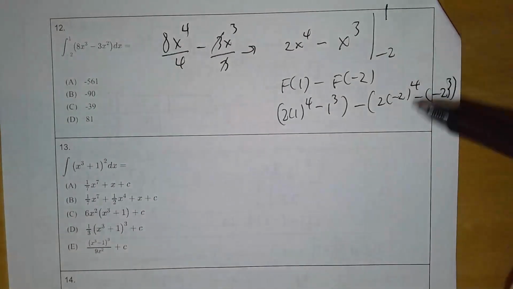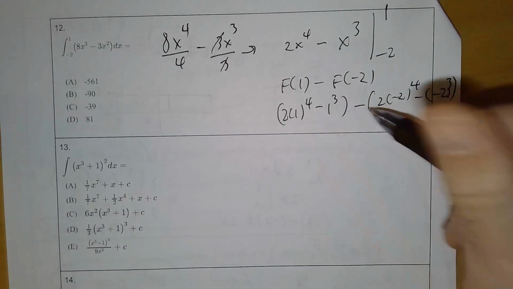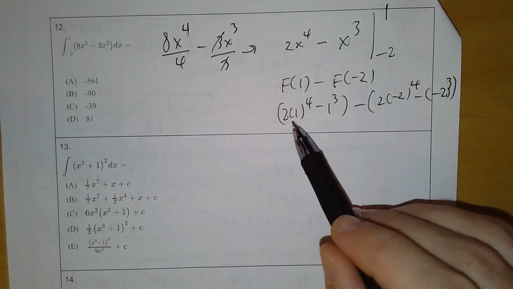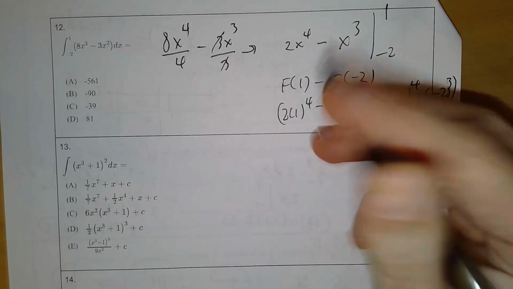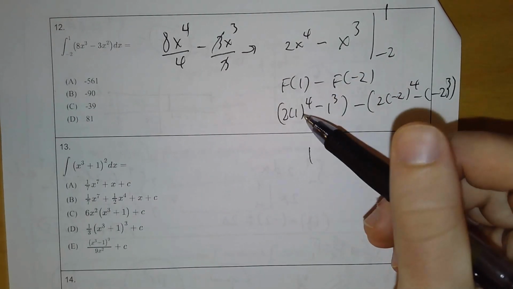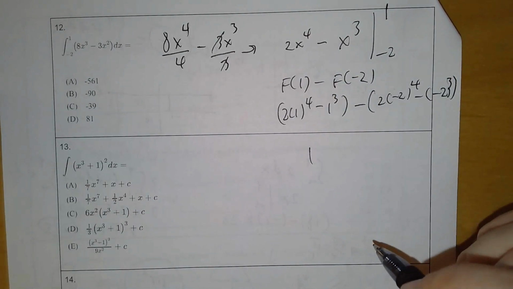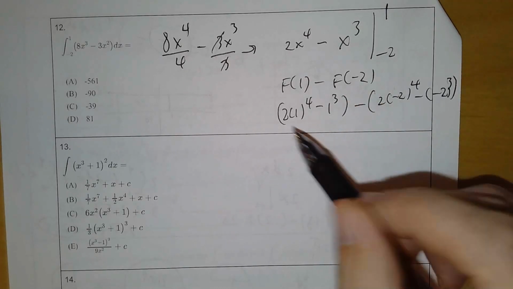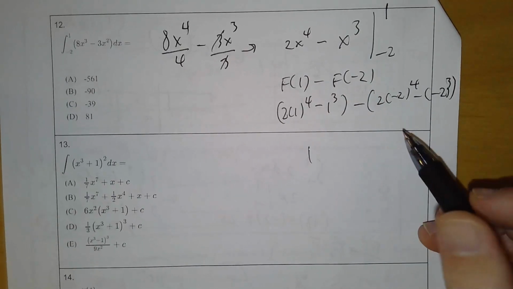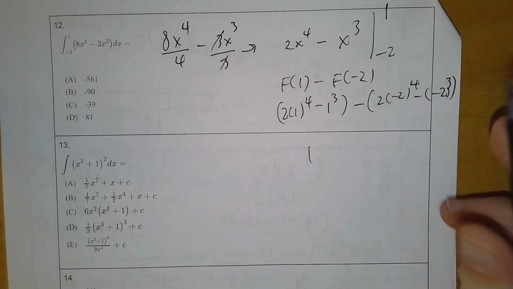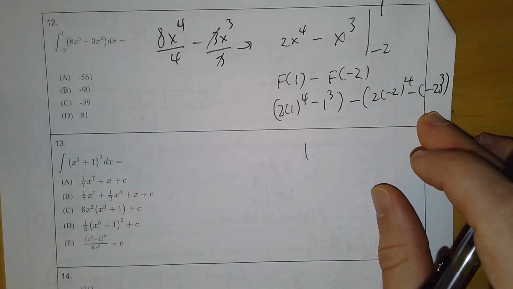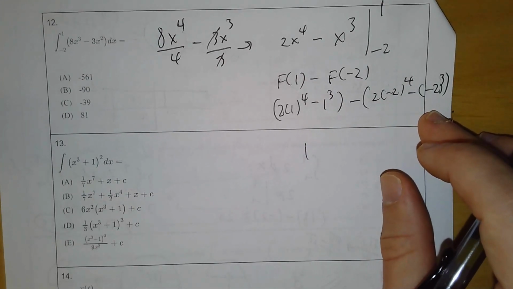The setup is easy. From what I saw in class, you kind of struggle with this kind of thing. 1 to the 4th is just 1, 1 to the 3rd is just 1. This is 2 minus 1, so just 1. Because 1 to any power is just 1. Here, -2 to the 4th is, well, 4, 8, 16.